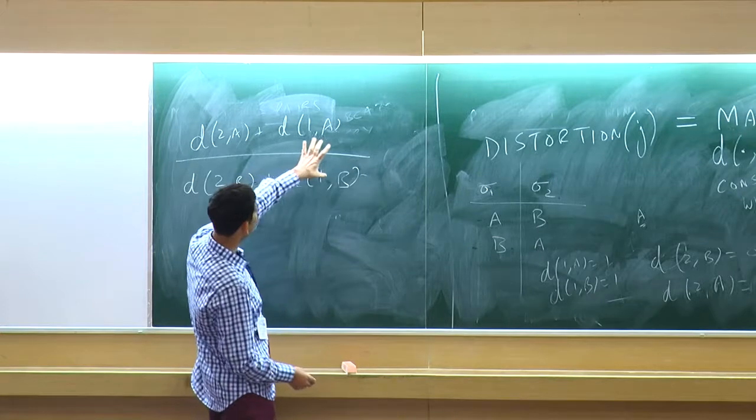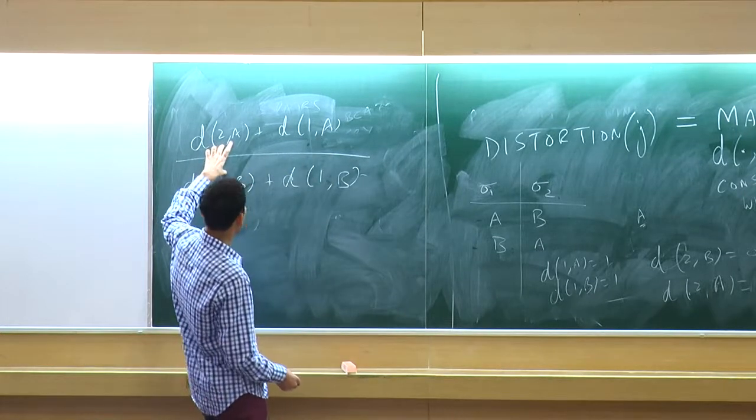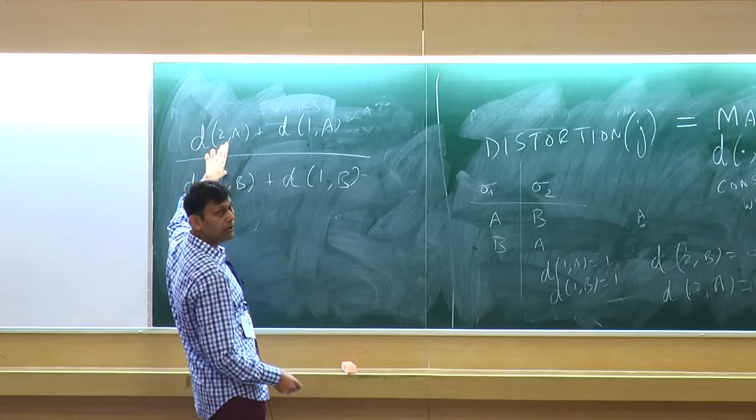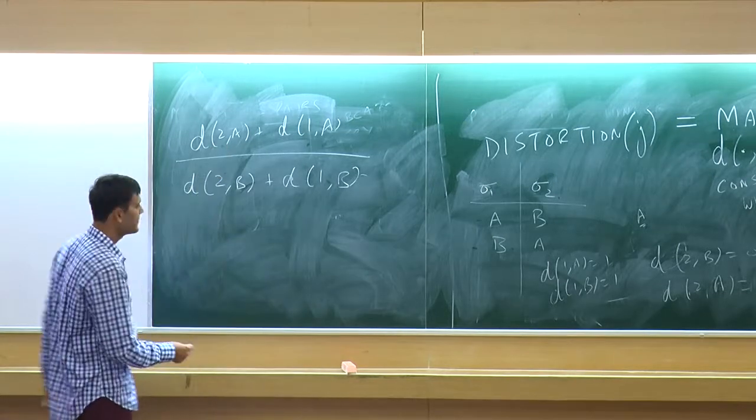So I'm not particularly concerned about this pair. I have to really focus on how bad D of 2 comma A could be.